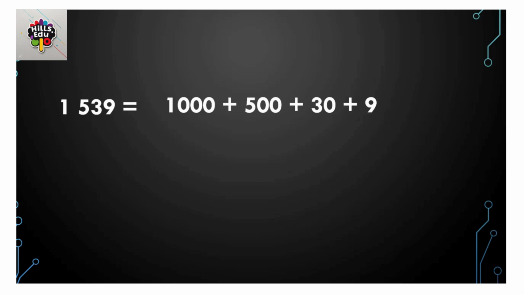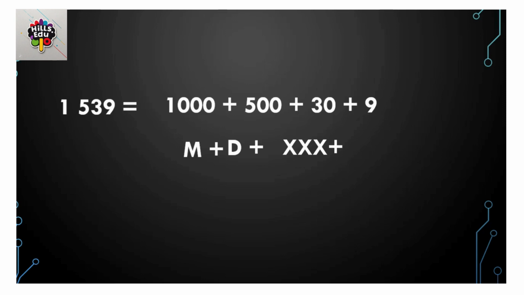Okay, after expanding it this way, you now look for the Roman numeral letter that matches each number that you have here. So 1000 stands for M, remember, 500, what letter represents it? D. And 30, what represents it? That is XXX, 10 plus 10 plus 10.